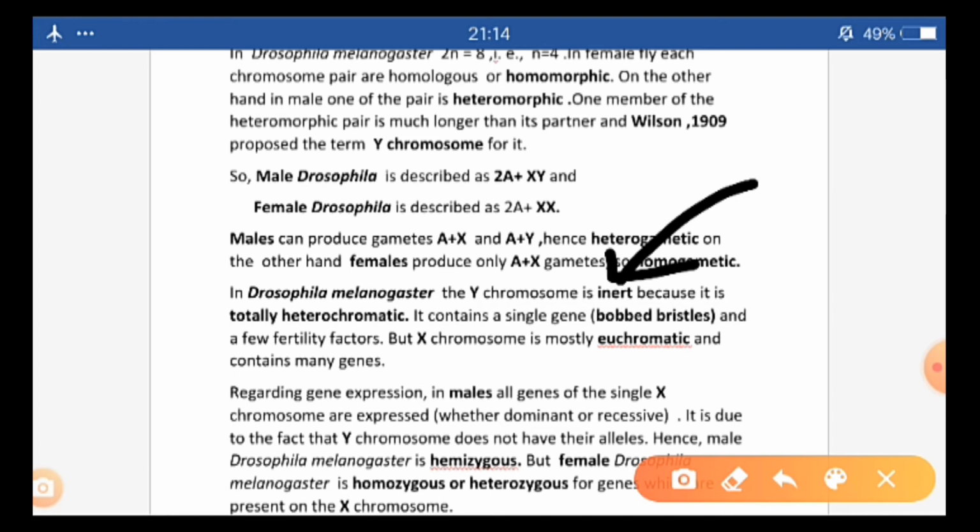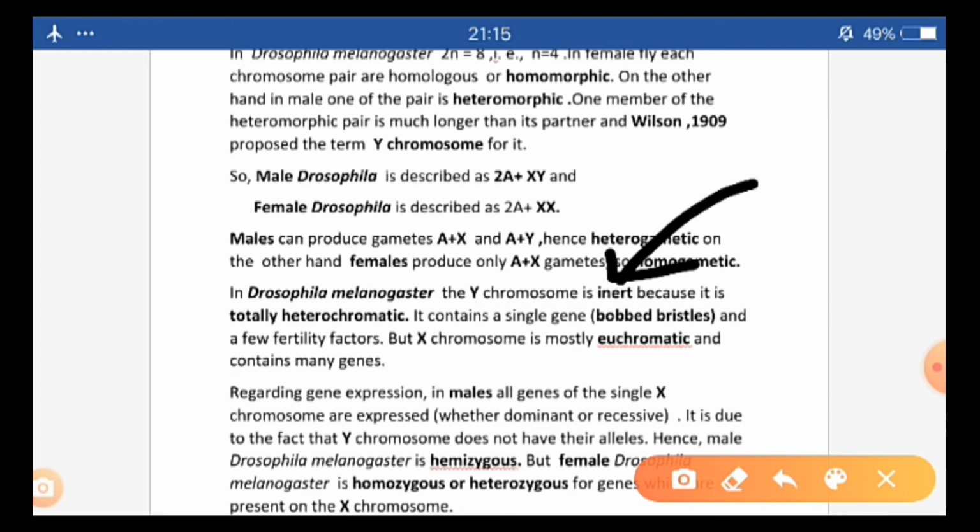That is, if we study carefully the Y chromosome of Drosophila, then we will observe that there are repetitive DNA sequences in that chromosome. That is why it is heterochromatic or inert.